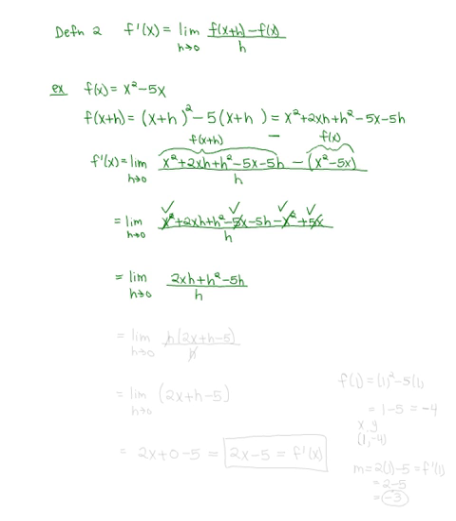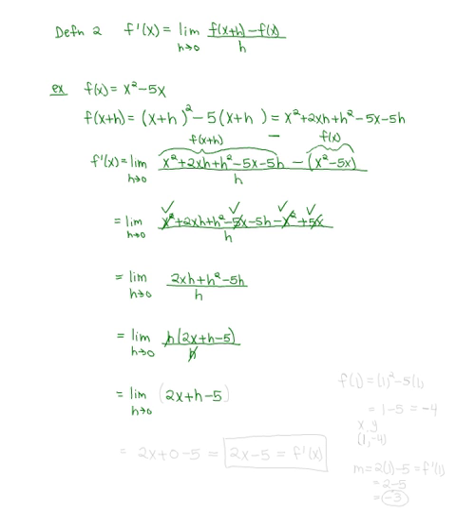So to this end, the h in the numerator, 2x plus h minus 5, divided by h. So I factor out the h on the top. Now the h on the top and the one h on the bottom will cancel multiplicatively, and then we'll be left with the limit as h approaches 0 of 2x plus h minus 5.